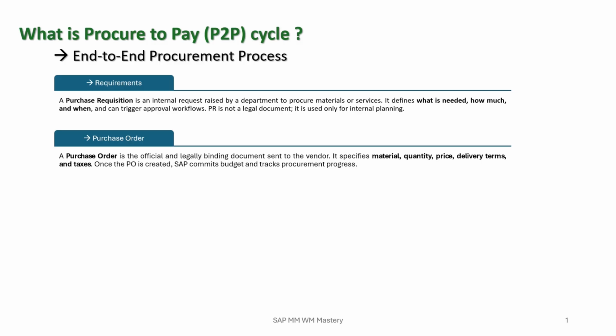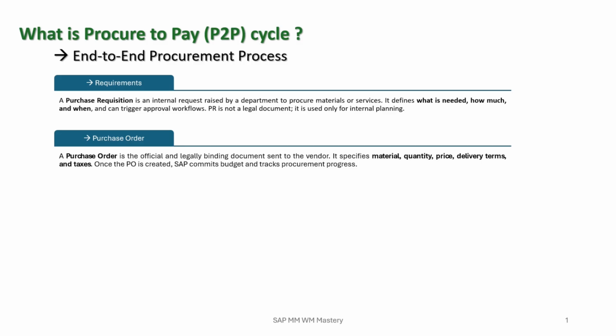The purchase order specifies material, quantity, price, delivery terms like the delivery date, and applicable taxes like GST, SGST, and VAT, and freight charges or delivery charges, or whatever it might be. So we can include taxes in the purchase order.